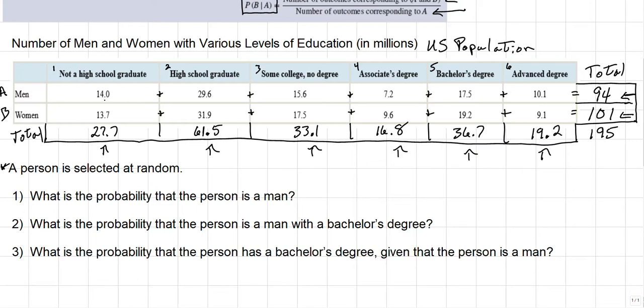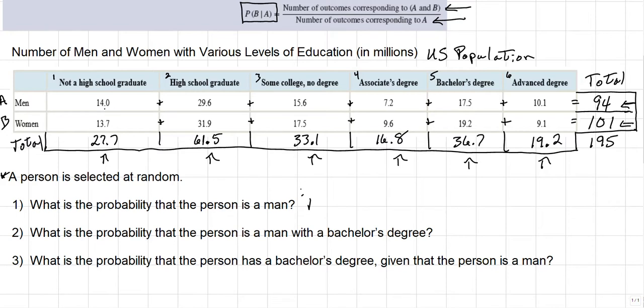We're looking at the probability of choosing a man, which is simply the total number of men, which we already know is 94, divided by the total number of people in this table, which is 195.